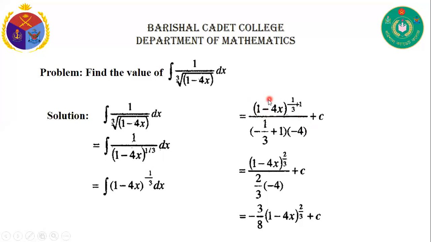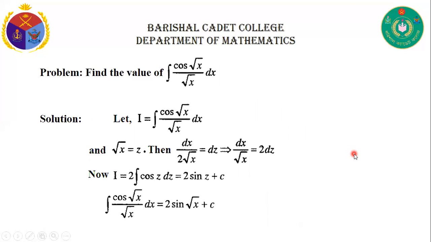The differentiation of 1 minus 4x is minus 4, so we divide by this. So after simplifying we get 1 minus 4x to the power 2 by 3 divided by 2 by 3 into minus 4, that is minus 3 by 8, 1 minus 4x to the power 2 by 3 plus c.